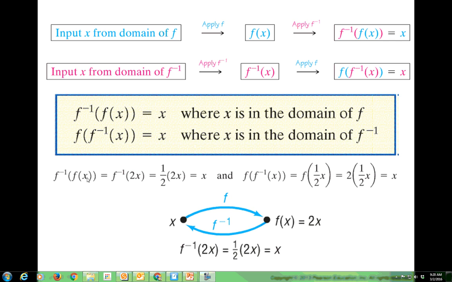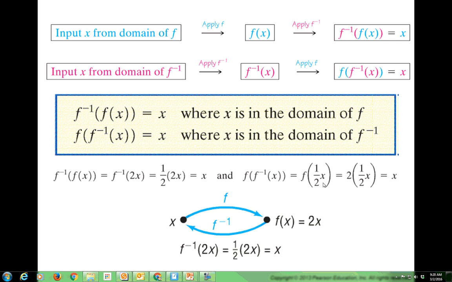So for example, if my original function is 2x, my inverse function is 1/2 x. So if I put 2x into 1/2 x, so instead of an x, I have a 2x, the 1/2 and the 2 cancel, and I get an x.